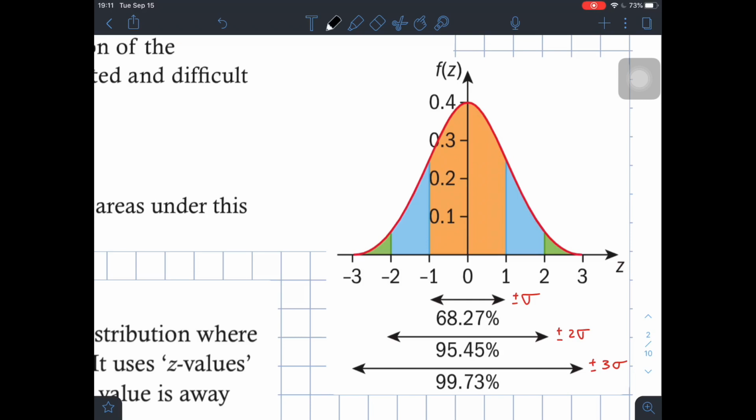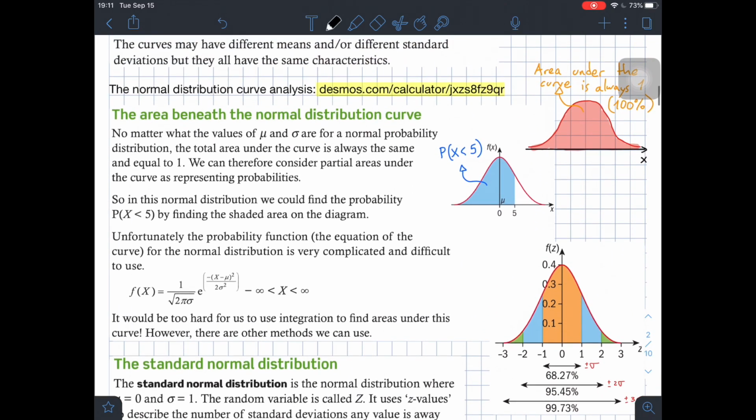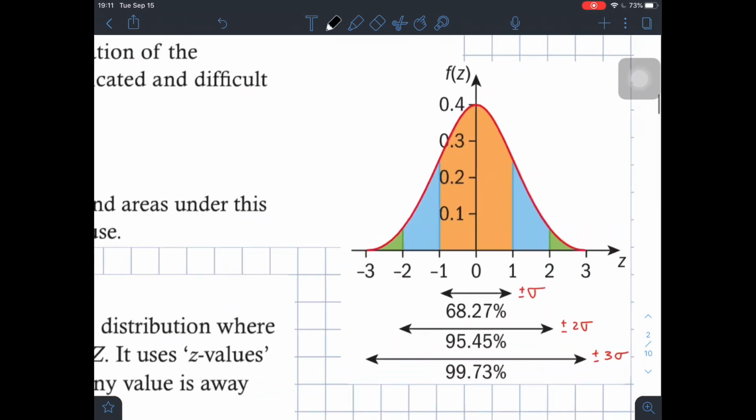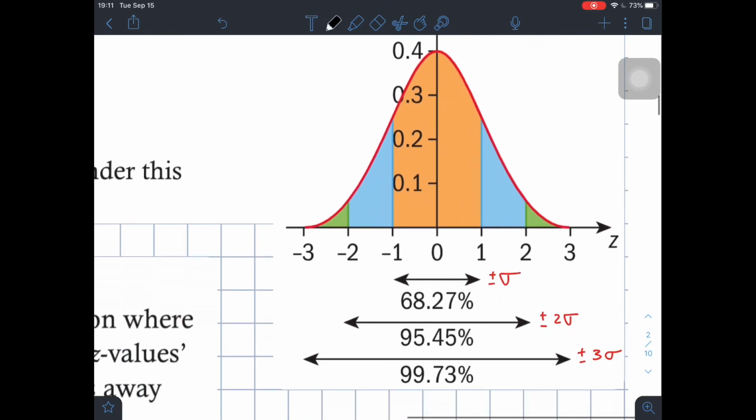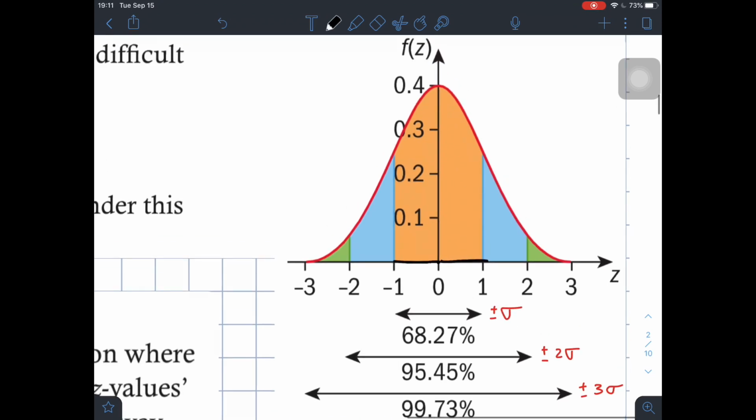If we consider one standard deviation to the right and one standard deviation to the left, by theory, we are considering 68.27% of our information. This is something that you don't need to know, but if you're analyzing things without a calculator, it's important to know these values.